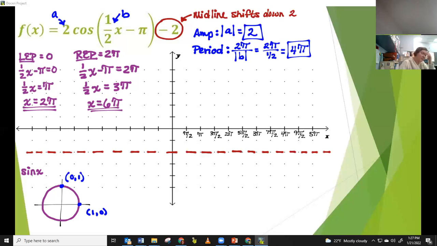I want you to think about the cosine function. Oh, I wrote sine and I meant to write cosine. Oops. Think about our cosine function. So I'm looking at the x's.